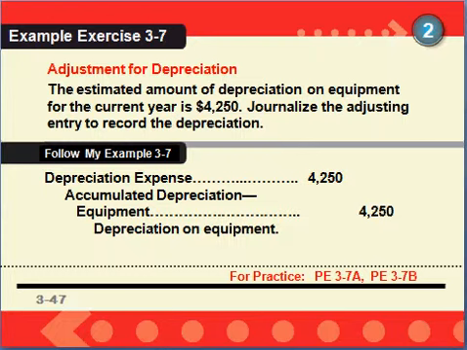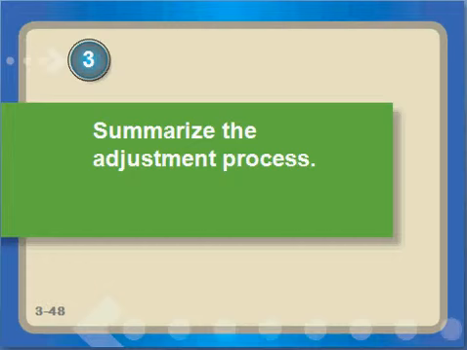So we would debit the depreciation expense, and this is against our equipment account. Debit depreciation expense $4,250, credit accumulated depreciation equipment $4,250. So that's the adjusting entries that we would normally see in most businesses at the end of each period.